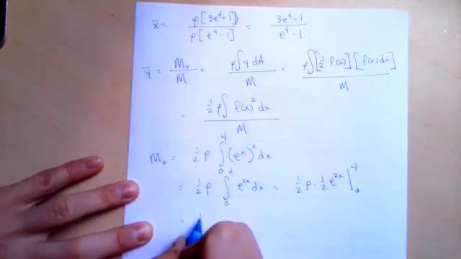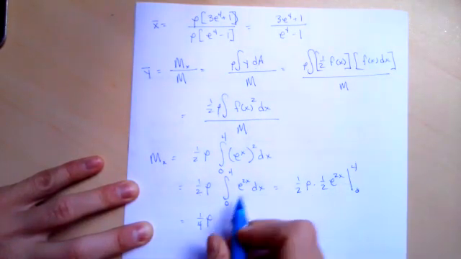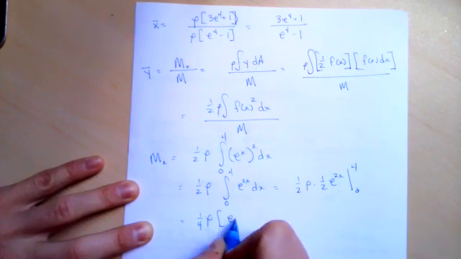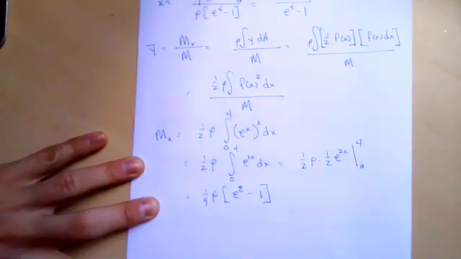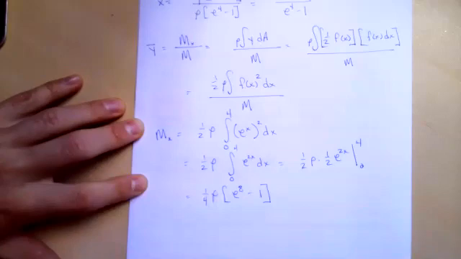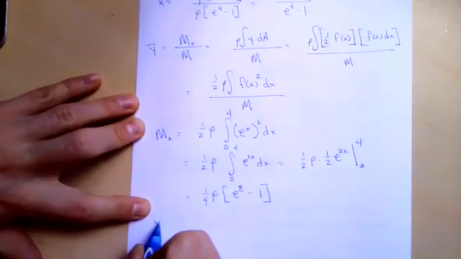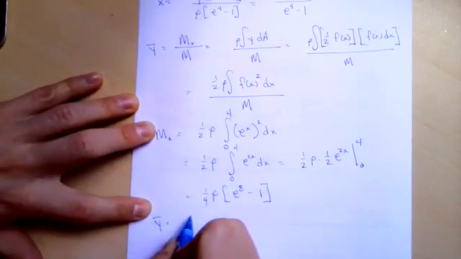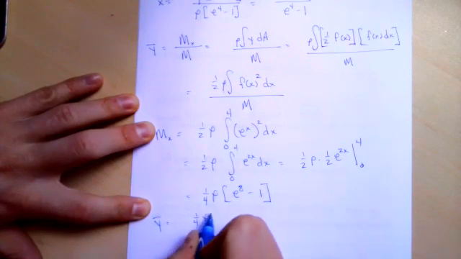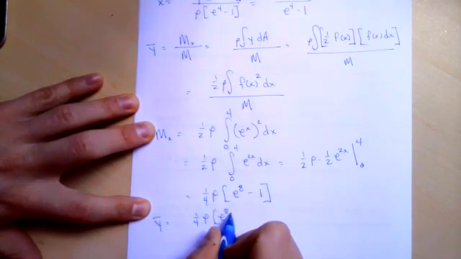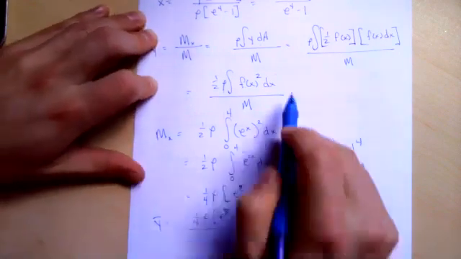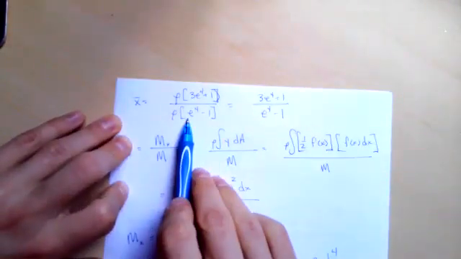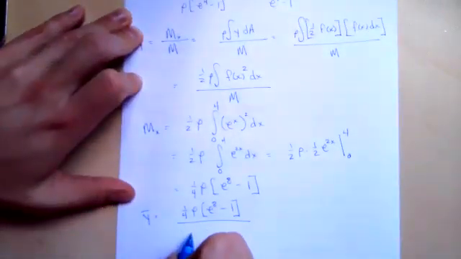And then what do we get? 1/4 rho times e to the 8th minus 1. Which means our y center of mass is 1/4 rho, e to the 8th minus 1, and then our mass, again, was e to the 4th minus 1.